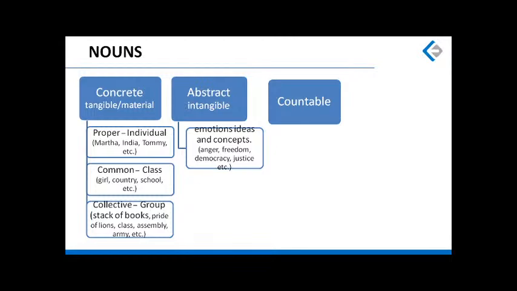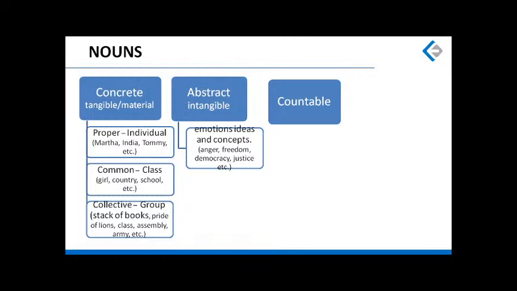Nouns that can be counted therefore exist in singular and plural form. Nouns that cannot be counted cannot exist in singular and plural forms. They will largely exist in singular form only.